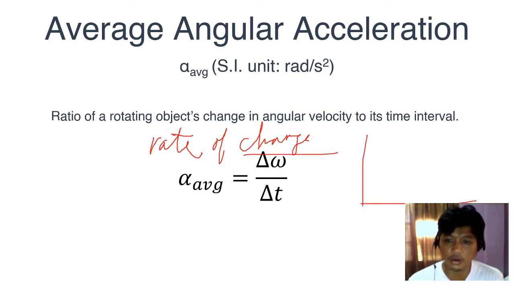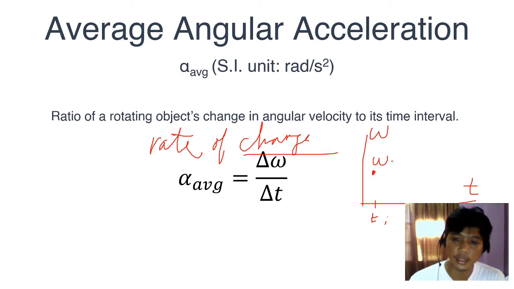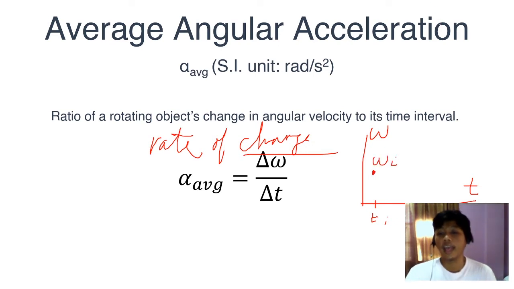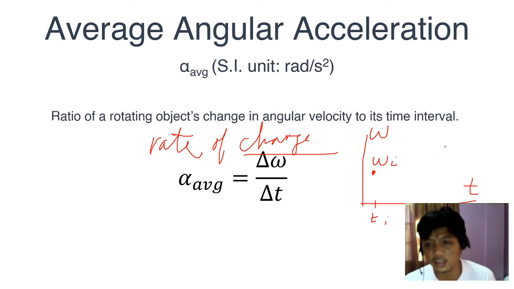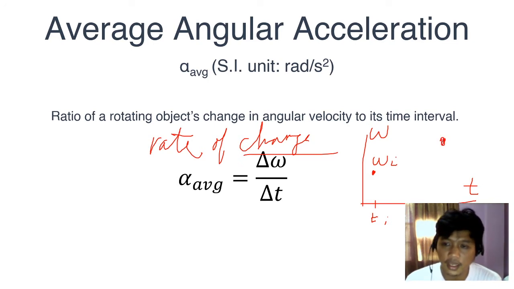So if we draw a graph again, omega versus time, for some initial time, we have some initial angular velocity, and we're trying to quantify the change in angular velocity. Maybe it is speeding up, so maybe it goes higher, right? And that has a corresponding time final as well.